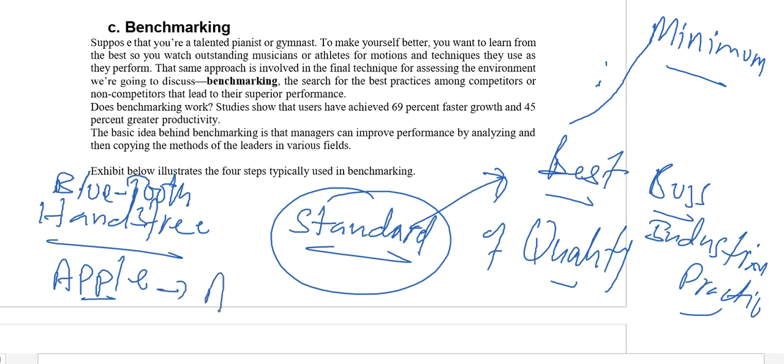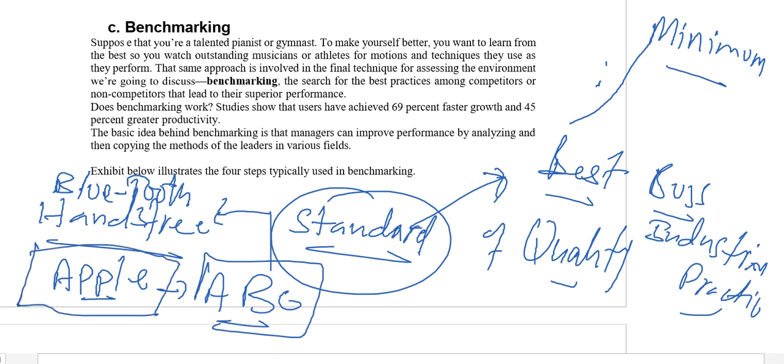Companies A, B, C also provide us a Bluetooth hands-free, but the quality of ABC company would not be as per the standard or the quality of Apple. So if I want to become the best practitioner in the industry, I have to follow the best practice, and the best practice is basically the benchmark.